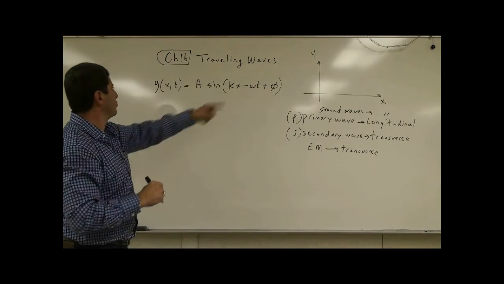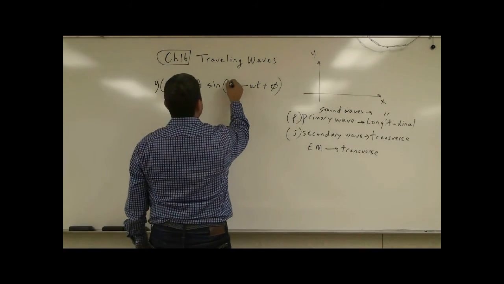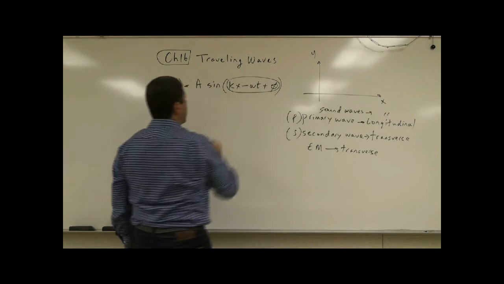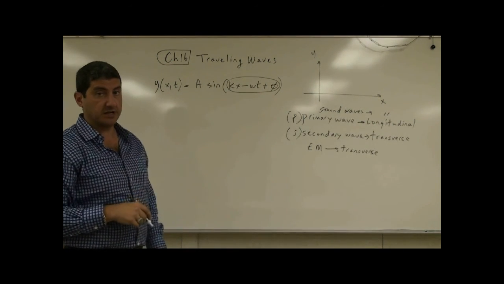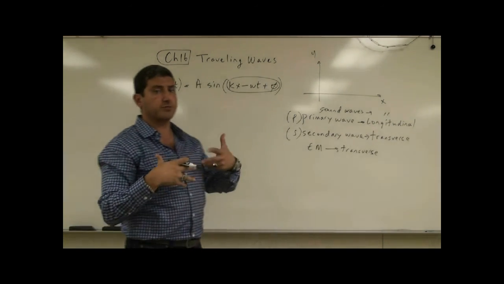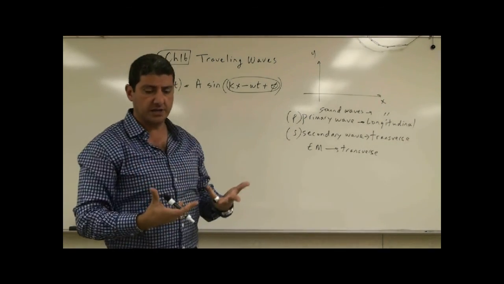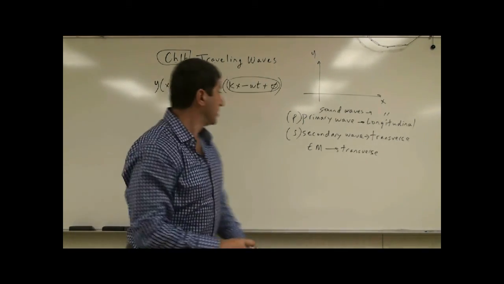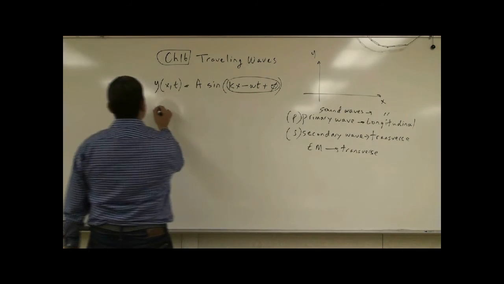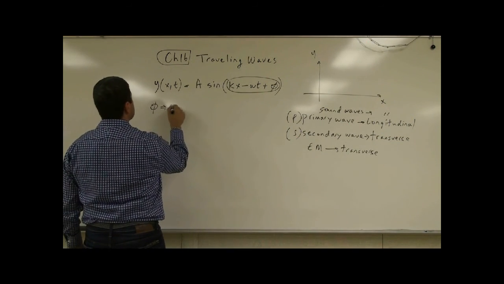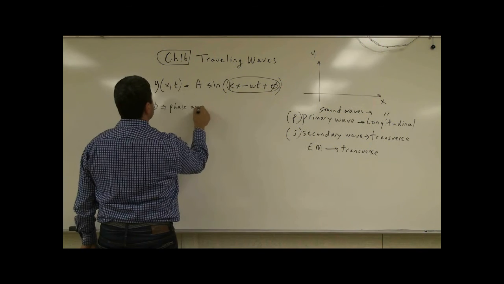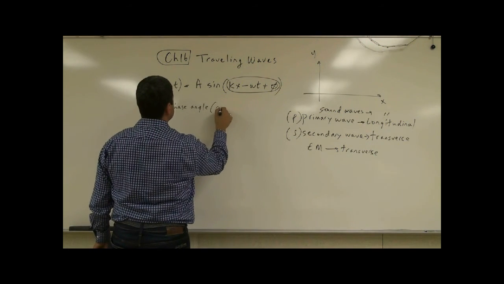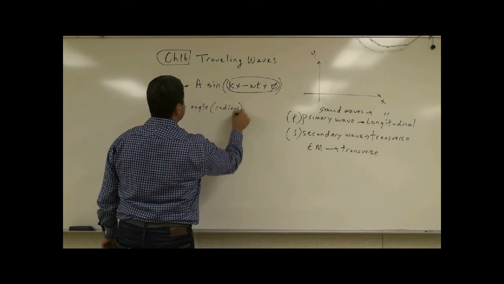So let's try to understand what this means. All this stuff inside of the sine has to have units of radians. So in this chapter, we're primarily going to be working with radians. So what do these mean? This one here means the phase angle, and it's measured in radians. So what's the purpose of the phase angle?